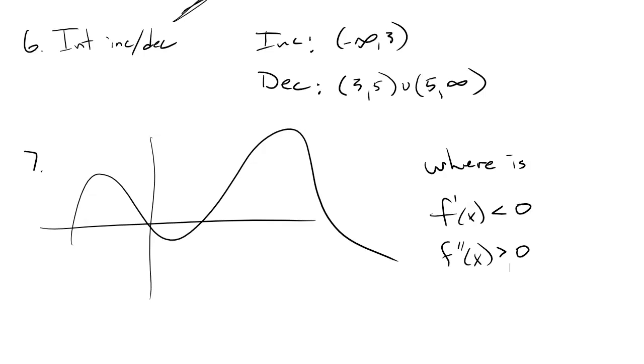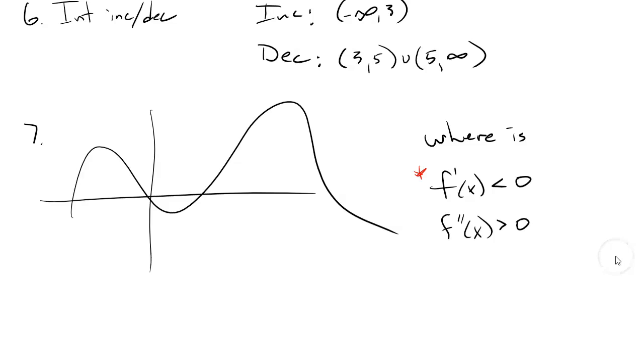Let's see, Kevin, I think yours usually said your mic had an issue. I don't know if it works now. What does f prime of x less than 0 mean? And if your mic's not working, you should just type it in. Yeah, your mic's not working. So you could just type it in chat, and that's fine. Oh, I definitely can't.